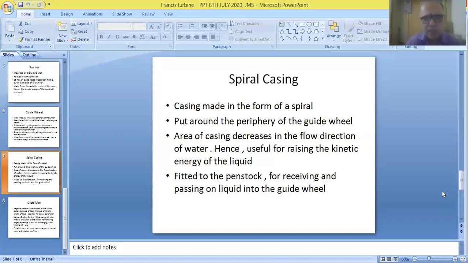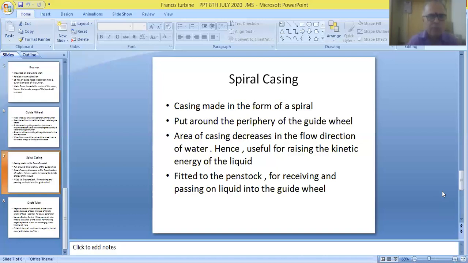Initially, the casing is raising the kinetic energy of the liquid. Secondly, the guide wheel will be raising the kinetic energy of the liquid. And finally, in the third and last stage, the runner will also be increasing the kinetic energy of the liquid.